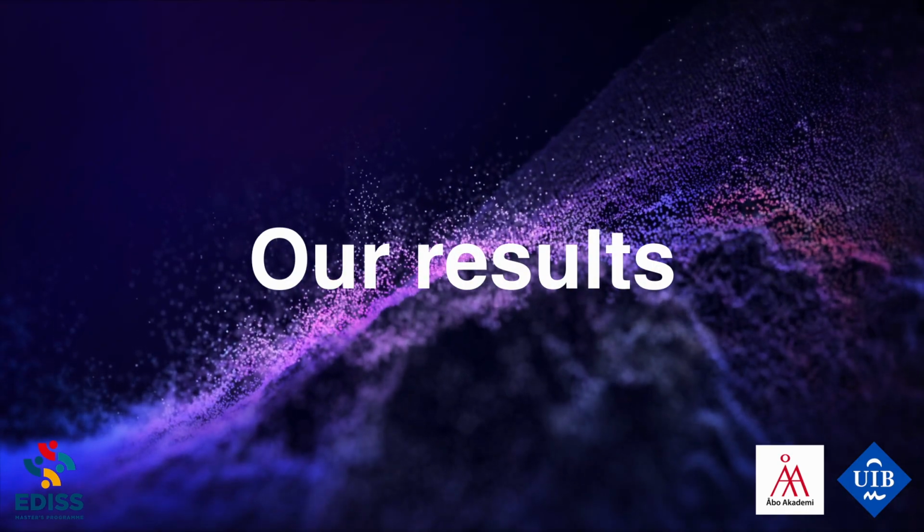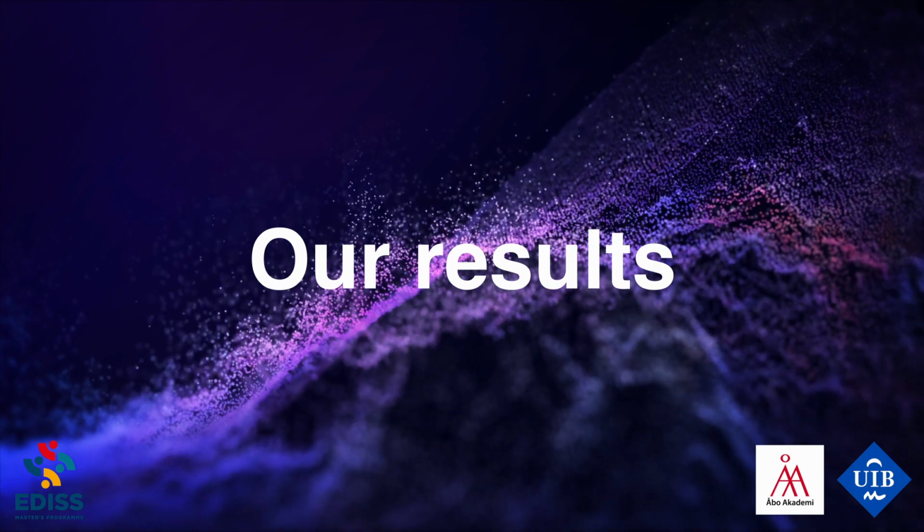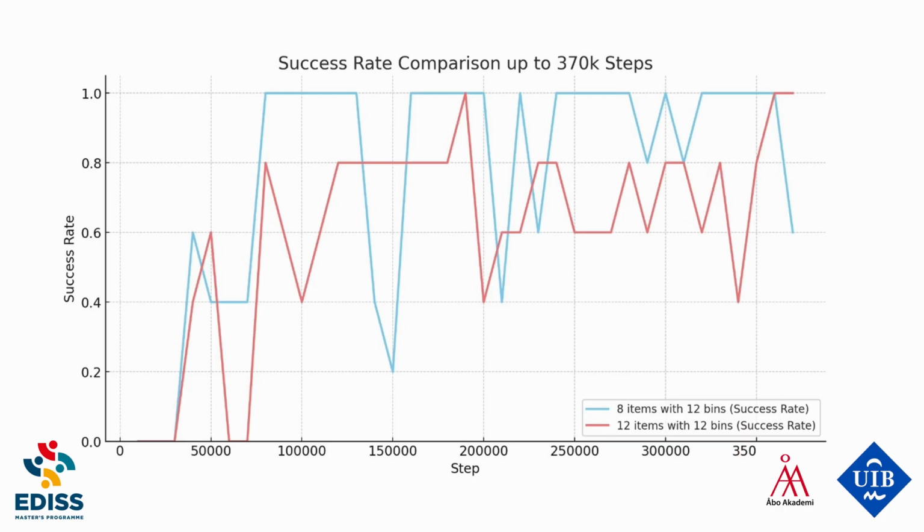So after discussing all of these things, how did our agent actually perform? What are the results? For a lower number of tasks with static weights, our agent performed very well, reaching 100% success rates in its very early stages. However, when we add some variability to our task weights, the model does not learn as fast as before, up to 200,000 steps.